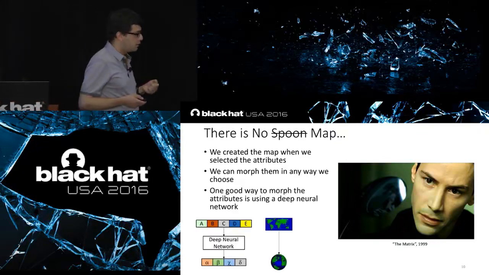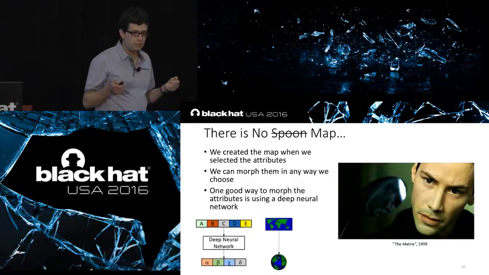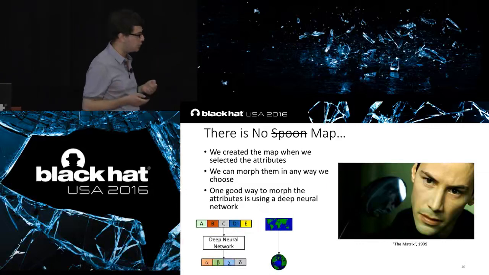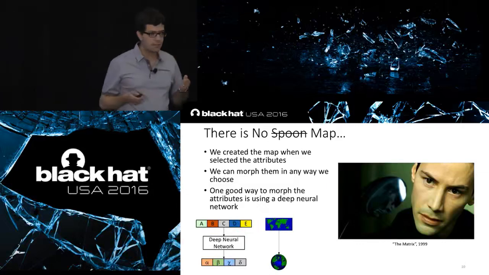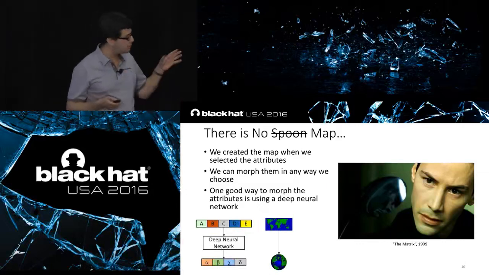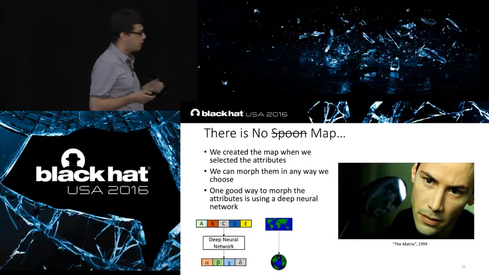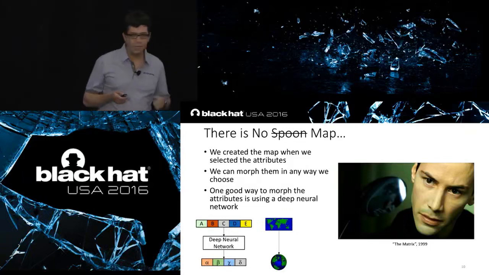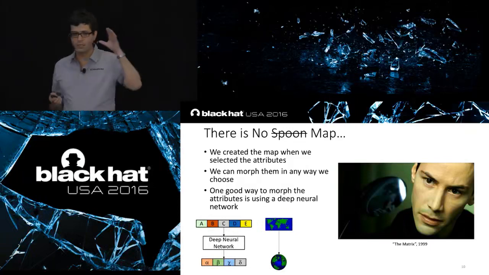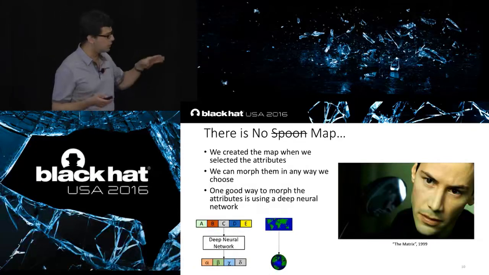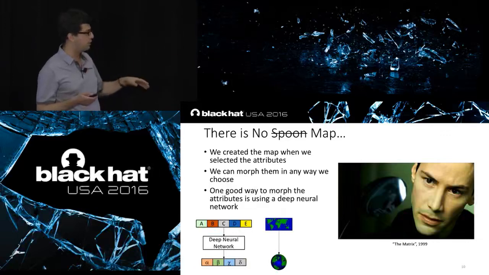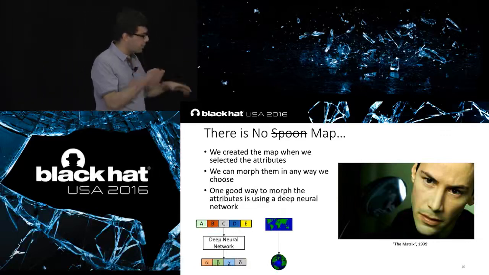And there are lots of ways you can bend the spoon, or you can bend this map. But one of the best ways I know how to do it is using deep neural networks. The idea is that we take this original set of features and somehow pass it through this deep neural network. I'm not going to tell you right now how we actually learn this deep neural network, but it does this complicated morphing.